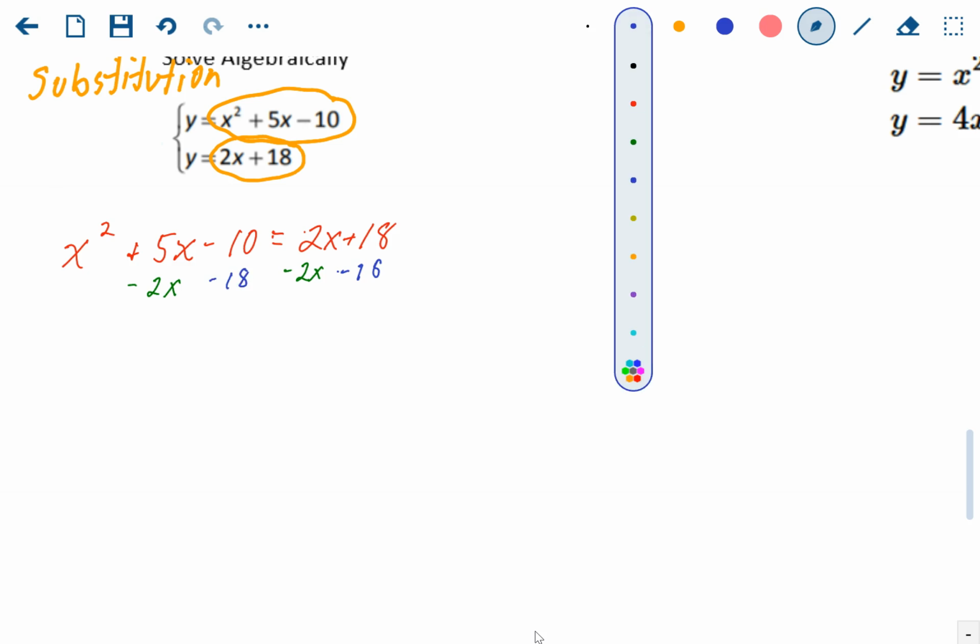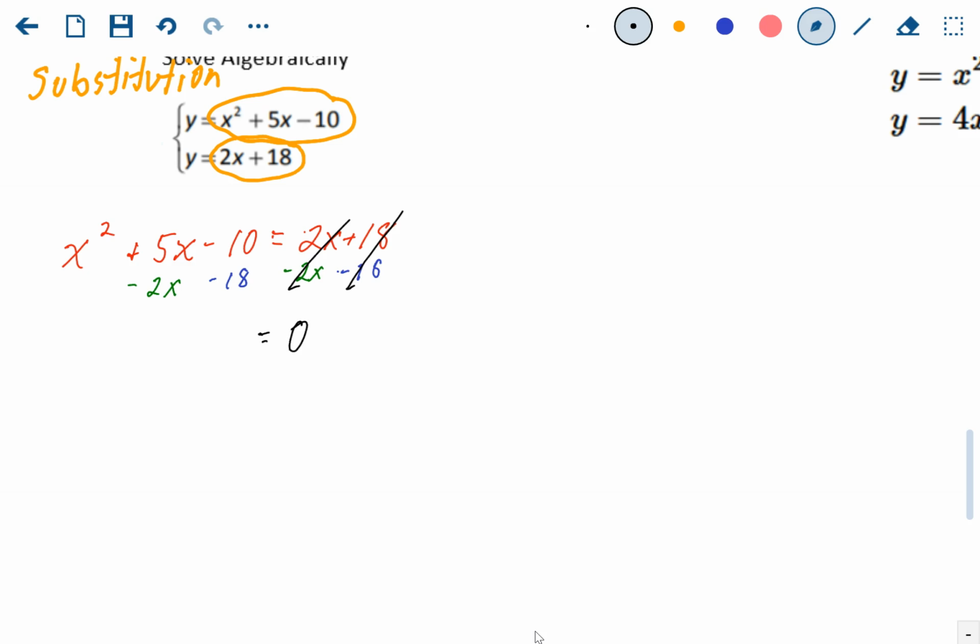And there's going to be nothing left on the right side. That goes away, that goes away, so this is going to equal 0. All right, and then do the subtraction. Well, x squared, there's no other x squareds. 5x minus 2x is 3x. And negative 10 minus 18 is negative 28.